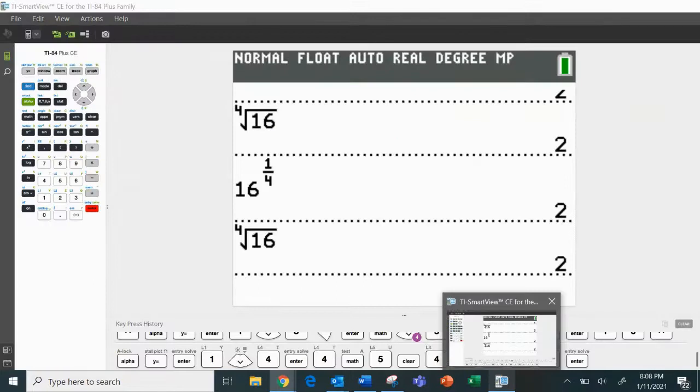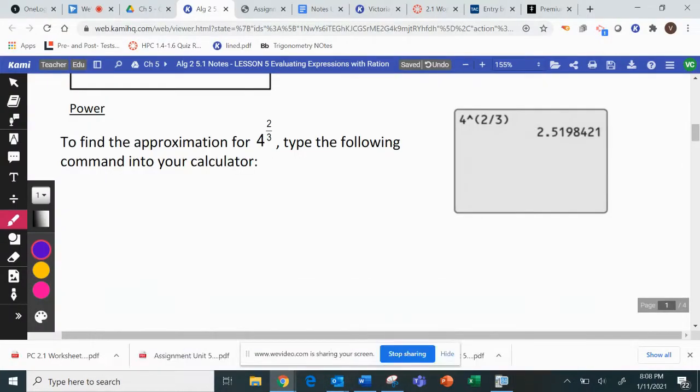Now, if you have the older calculator, or if you don't want to do alpha y equals, this is how you can type it in. You can do 4 caret, parenthesis, 2 divided by 3, that's with the older calculators.